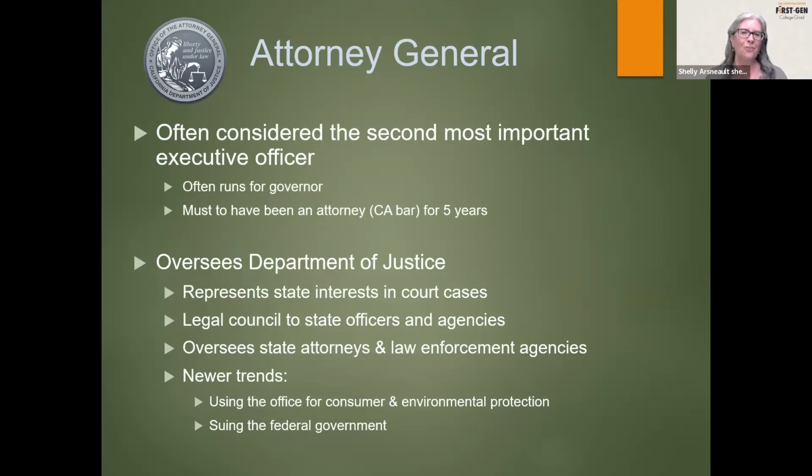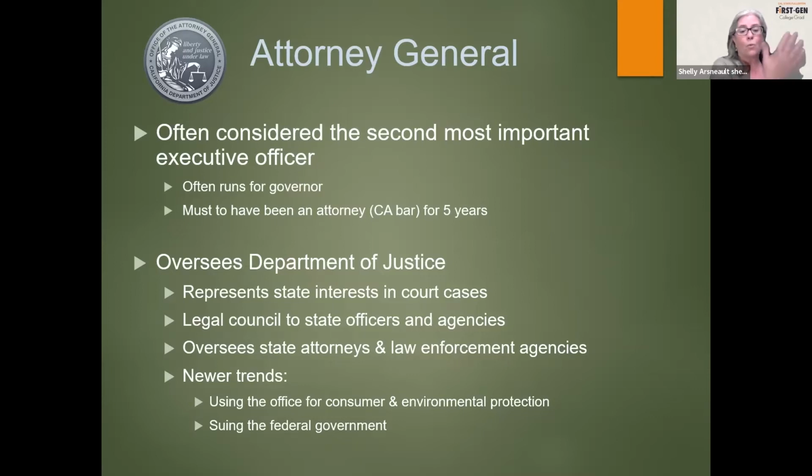And then a trend that began during the Obama administration, attorneys general in more conservative states decided that they would take on a new mantle of suing the federal government over a variety of things. Often you saw this in environmental protection questions. So if the federal government passed an environmental protection law, you could count on several states in particular, their attorneys general, to sue the federal government to overturn that piece of regulation.